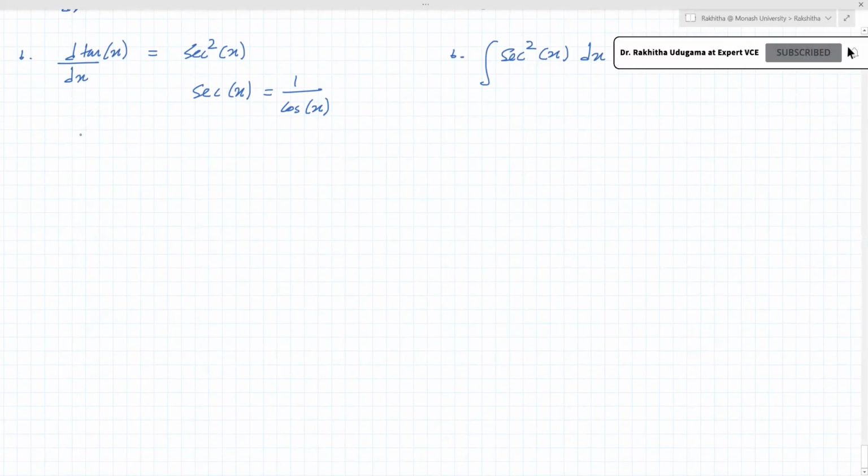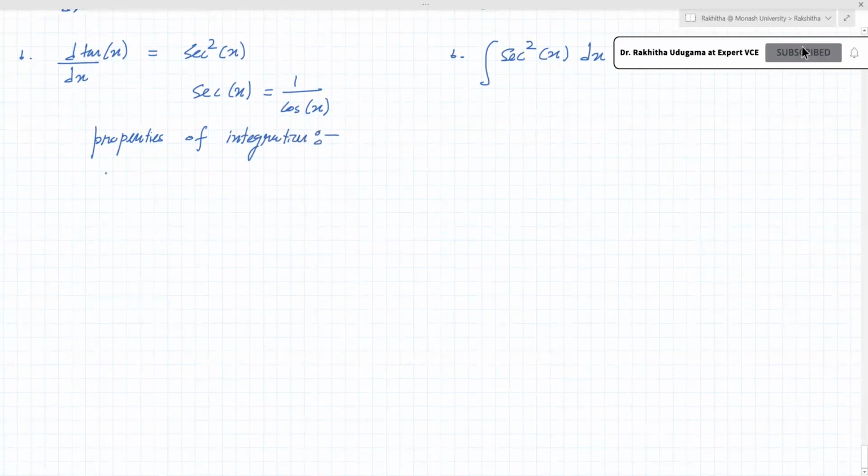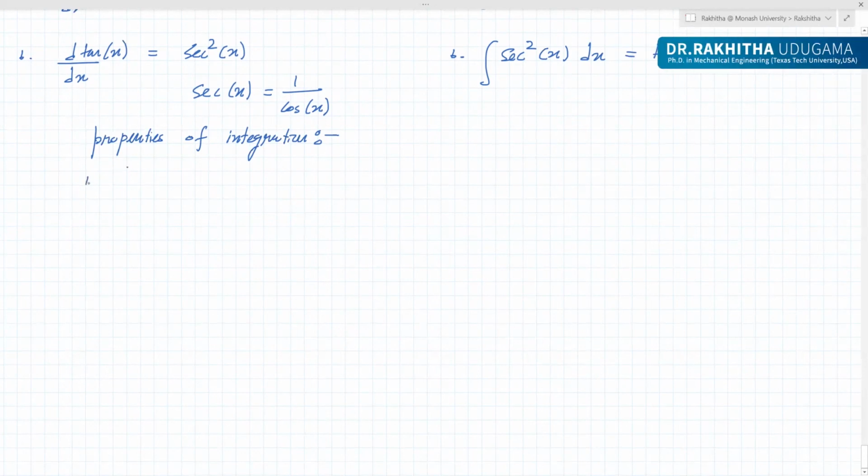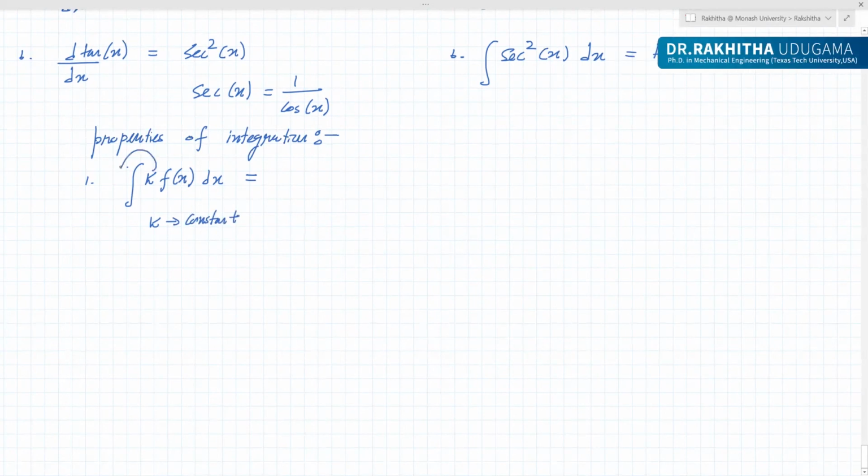Now, properties of integration. There are a few properties for our syllabus. The first one would be, if you have something like the integral of k f(x) dx to integrate, where k is a constant, then you can always take k out.